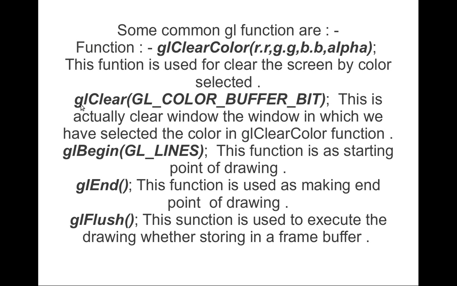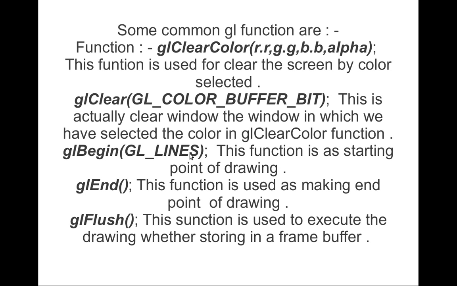Another function is glClear. In the bracket you have to code GL_COLOR_BUFFER_BIT. This function clears the window depending on the color decided by glClearColor. Then glBegin; inside the bracket I have typed GL_LINES, which means it will draw lines.